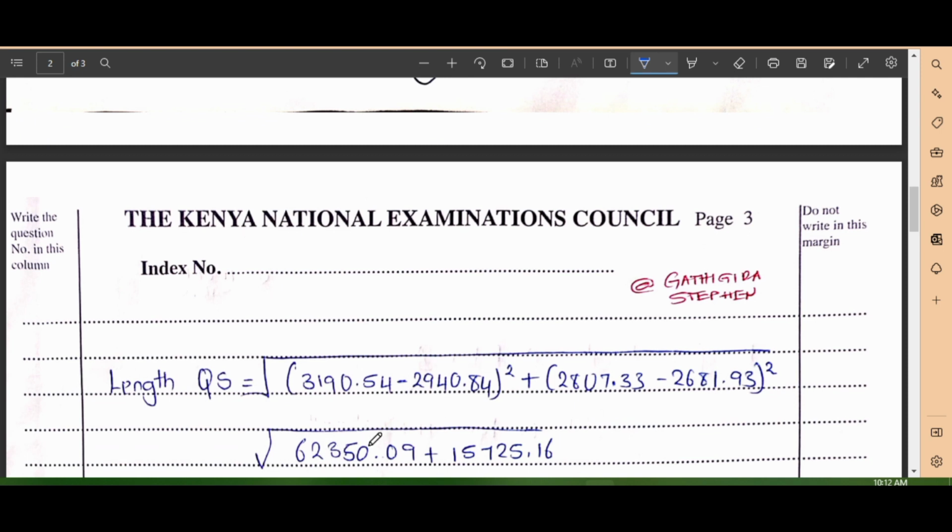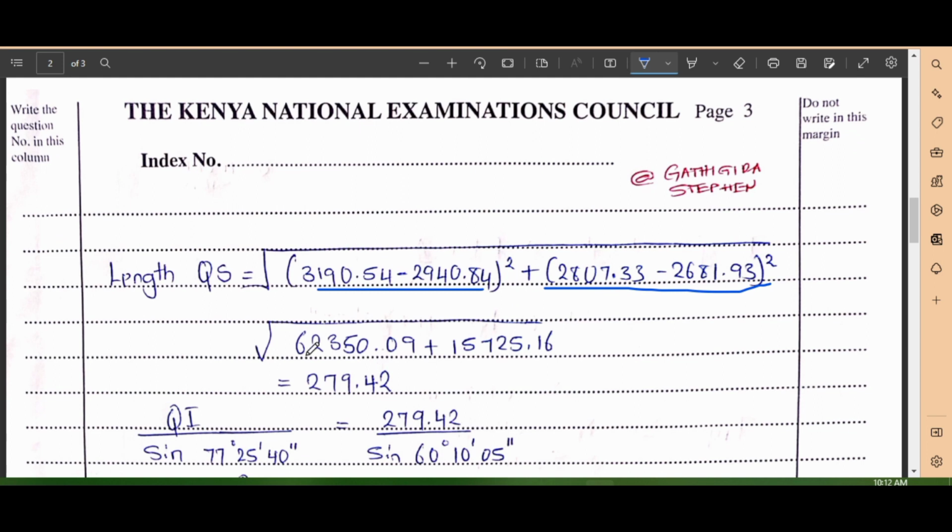So after having the addition of this and this, which has already been squared, I find the square root of the answer that I have. So the square root of that answer, and the length of QS will be 279.42. So this is the length of QS.